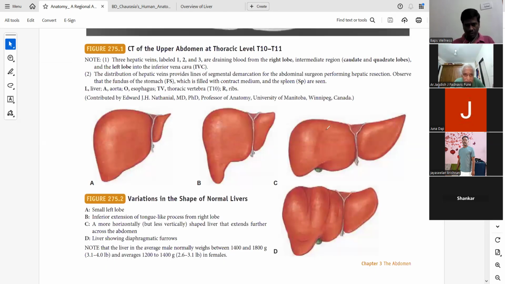It need not always be the same. Sometimes the left lobe may be very small compared to the right, or the area at the inferior end, where the gallbladder will be, may be concave. And at times this may be like this also. You cannot say that they are malformed or having some defects. Need not be.